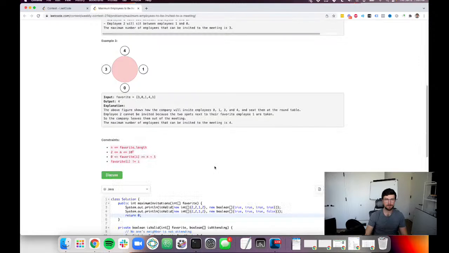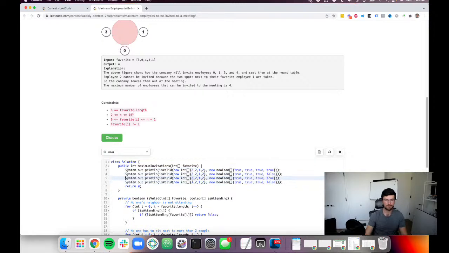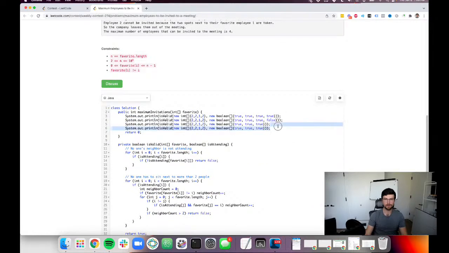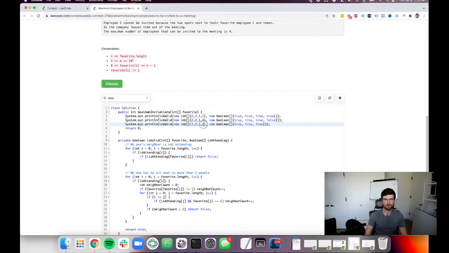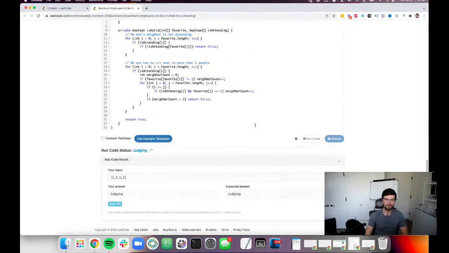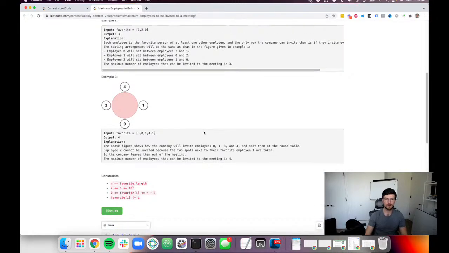Our second example is this. Let me copy both of these. This one I think should be valid, so we don't need to do 2. Let's try that. That was true. And then let's try our last one.